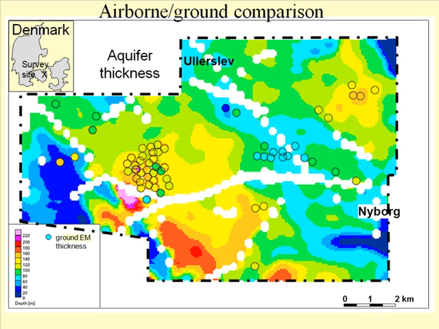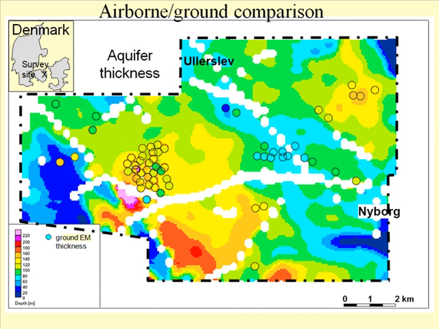This is the survey area, and the colours denote the thickness of the aquifer. So blues are thin aquifers, and yellows and oranges are thick aquifers. So now the Danes know where the most fresh water is. It's in the yellow and orange zones.